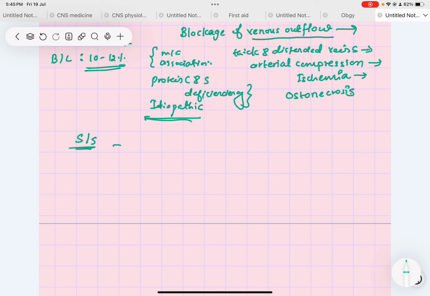It will be a limping gait or antalgic gait. So we know that the main feature will be the pain. Obviously, if necrosis of the head of the femur is happening, the main feature will be pain. So hip pain, and it will radiate toward the groin, knee and thigh, and this pain will lead to the limping gait, also known as antalgic gait.